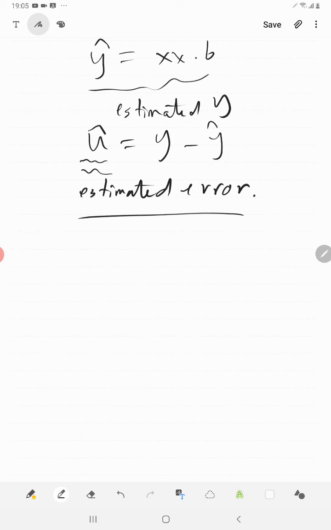Now, let's just run the curve fit again. Let's look at the measured values, and this is the fit curve.